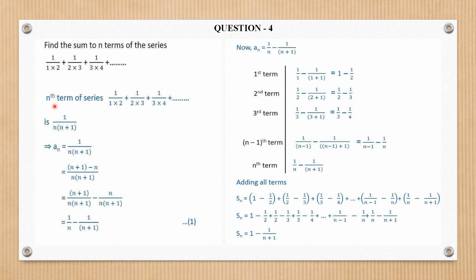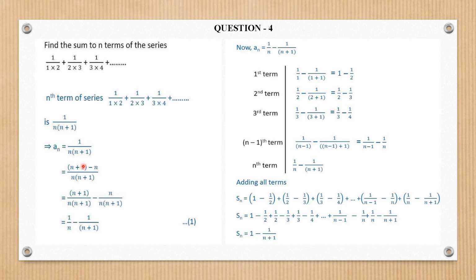So if I go to the nth term, it will be like 1 upon, as you did in the first question, 1 into 2, that is n into n plus 1. So it is here like 1 upon n into n plus 1. Okay. But this way it is not easy for me to prove. Okay. I will not be getting any formula to be applied.